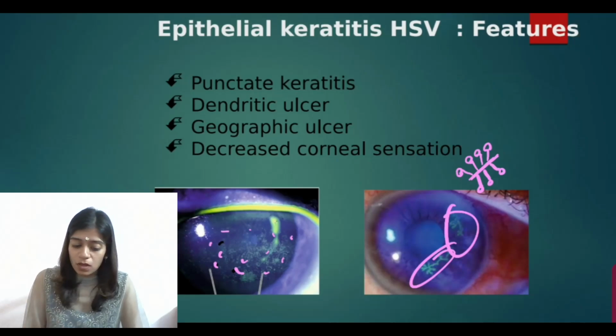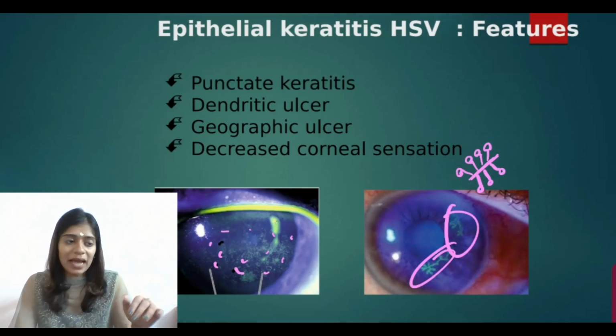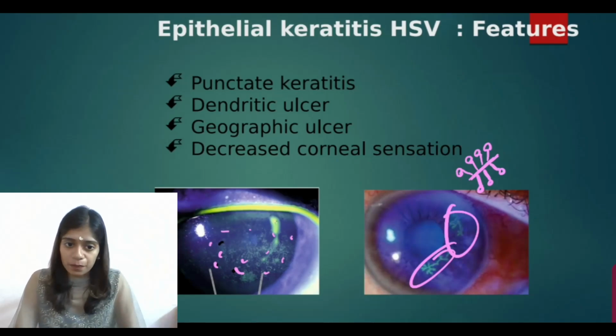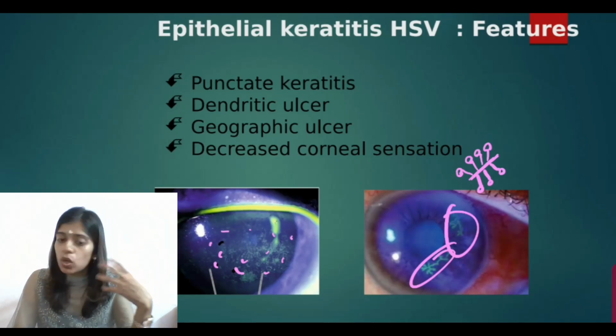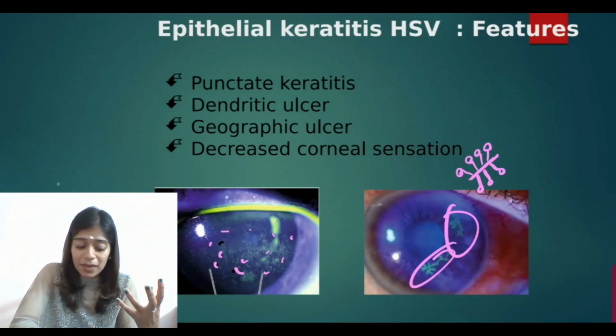Alright. And remember, this HSV is very cunning. It remains dormant and the infection comes back from time to time. Over time it can damage the corneal nerves, and if the corneal nerves are damaged, can the patient experience pain?